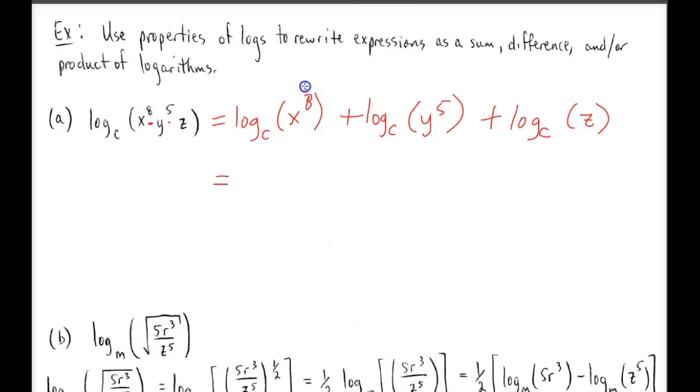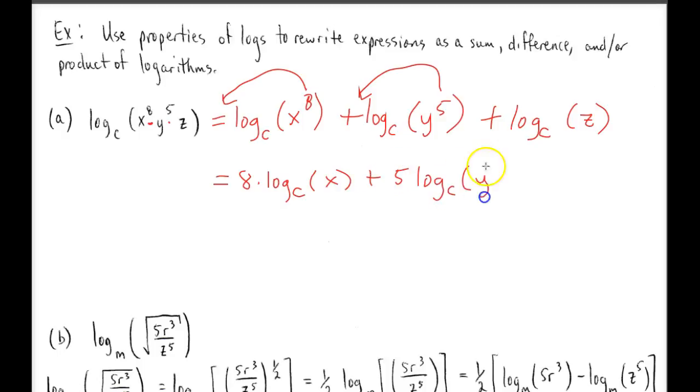From this point, we have the 8 that can be pulled out via property 7, and the 5 that can be pulled out via property 7. So that'll be 8 times log base c of x plus 5 log base c of y, and then just log base c of z. And of course, at this point, that will be all you need to do.